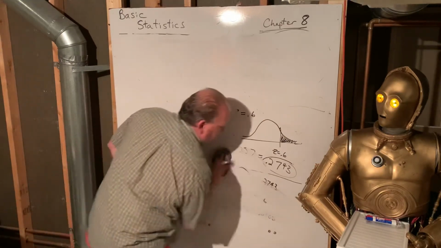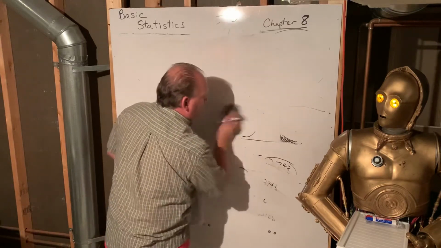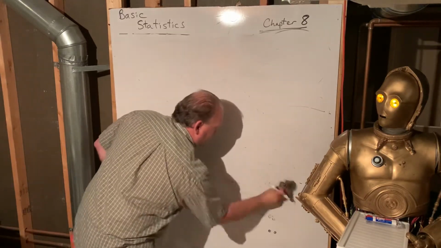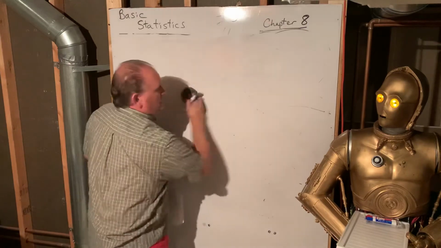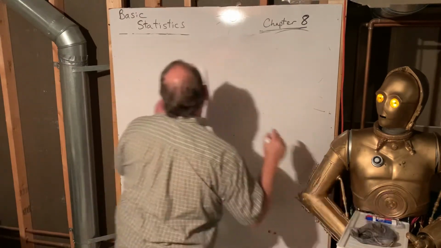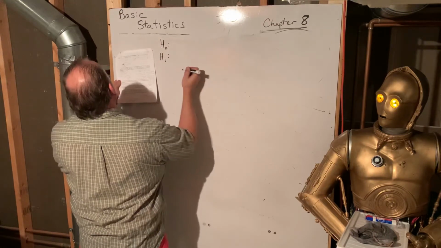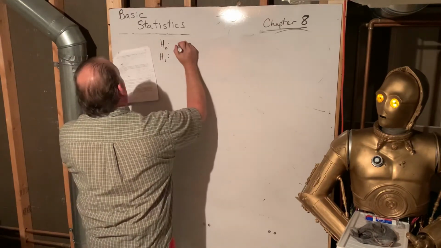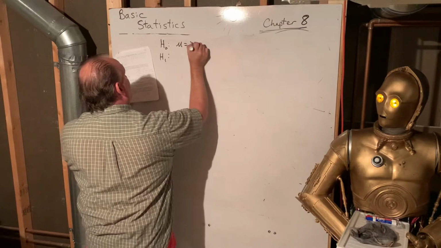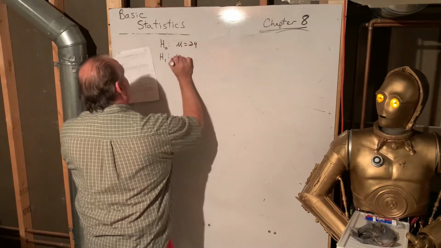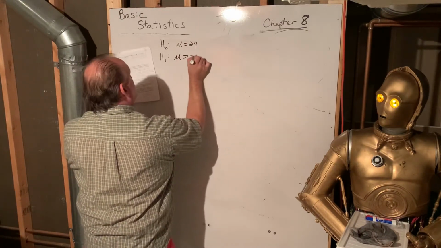So we're still going to do a null and an alternative hypothesis. So let's get those down. The null is mu is equal to 24. The alternative is mu is greater than 24.